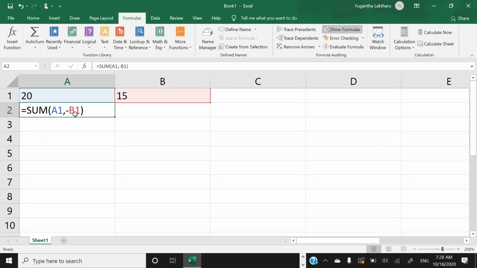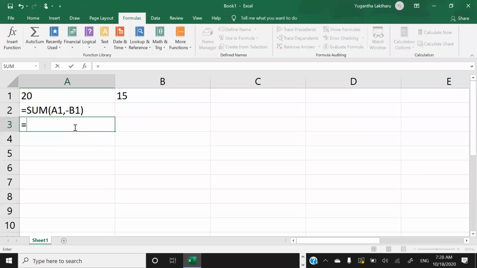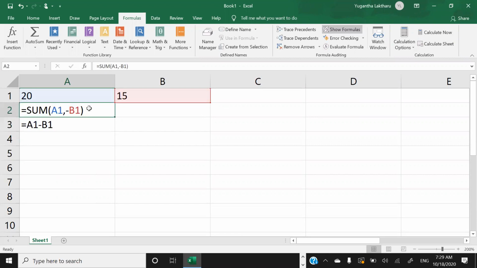Instead of writing the subtraction of A1 and B1 in this manner, this is the way you can write it generally. We can write it using the sum function in this manner as well. Since we need to subtract B1 from A1, we can have A1 minus B1. So it's always the comma separator you should use. You can't give the range, like A1 colon minus B1, that cannot be given. It's not valid when you are using the minus values.